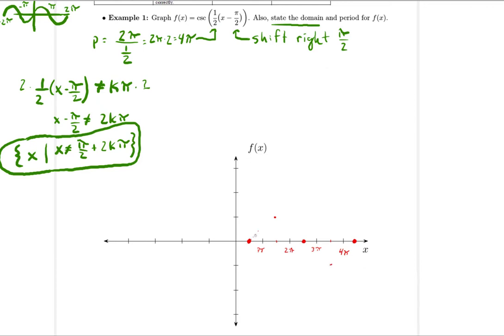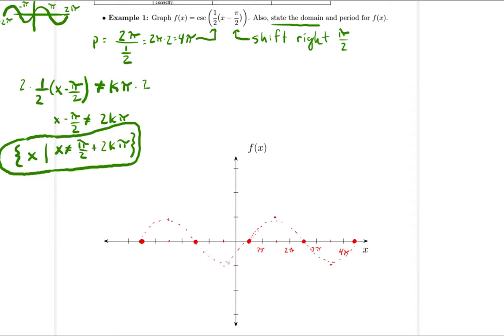Okay, and this isn't my real graph, so I'm just going to very lightly graph that. And then I can probably go back here, plus pi, or minus pi, minus 2 pi, minus 3 pi, minus 4 pi. So I have a point there, and then halfway between. All right, so there's our lightly penciled in sine function.